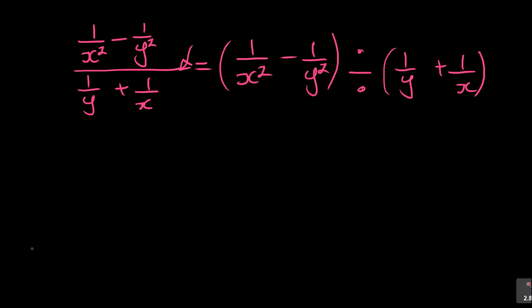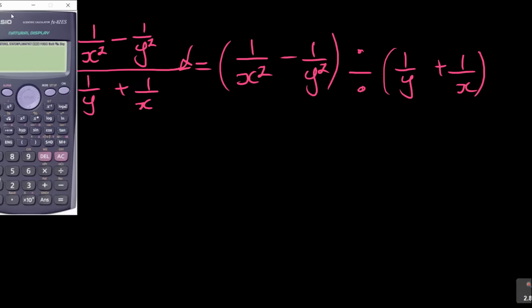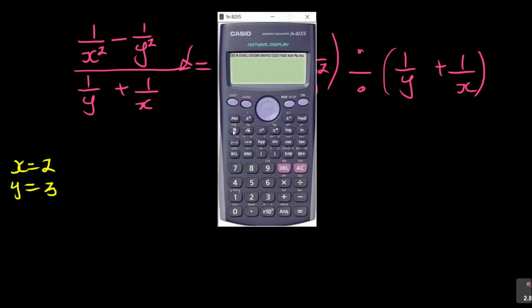You see that? By the way, you can actually test your answer quickly. Choose any value. Say x is equal to 2, y is equal to 3. You can actually test it and see what it simplifies to. Let's try that first. So you've got the fraction, which is this one. Then on top, I've got the first fraction, which is 1 over, remember x is 2, squared, minus 1 over y, I said let's use 3 squared.